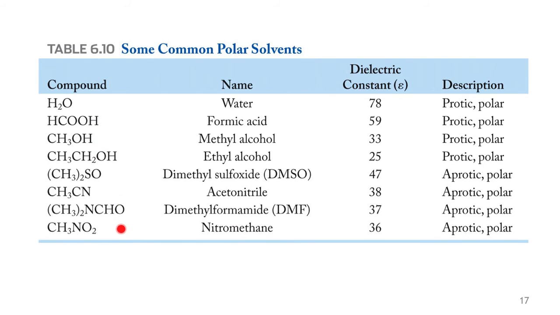These other four solvents do not contain any OH or positively polarized hydrogen. We have dimethyl sulfoxide, acetonitrile, dimethylformamide, and nitromethane. And these are all solvents that are quite polar, but don't have hydrogens that can participate in hydrogen bonding.